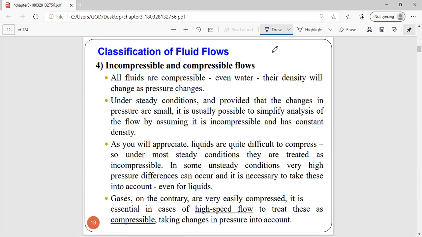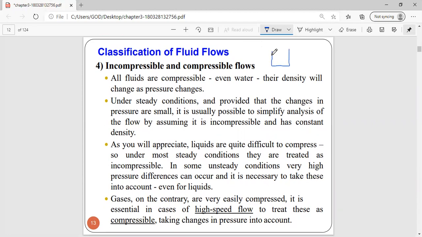Compressible flow and incompressible flow. So I have a bucket of water, and I have a piston arrangement here. If I apply force on that, will it compress? I have a balloon, a rubber tube, and I'm sending air inside.